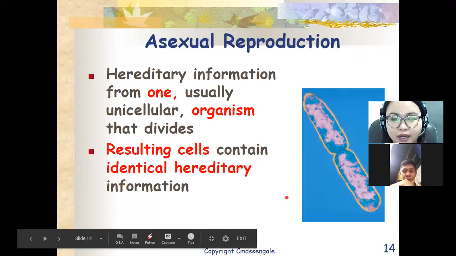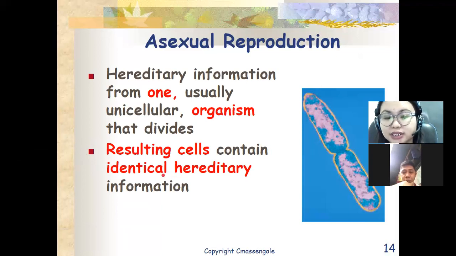This means that in asexual reproduction, usually the genes are very identical. That's why for plants, for example, if you plant cuttings, that's asexual reproduction.